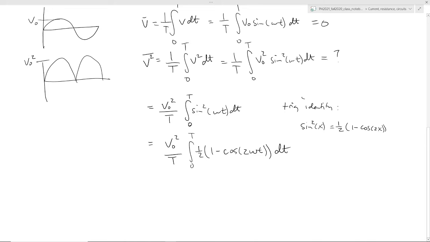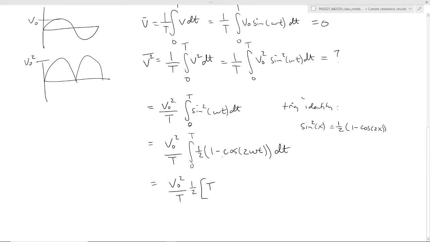So for this first thing, we just have 1. So this would end up being, let's pull the 1/2 out. So we would have the integral of 1 from 0 to t. So we'd pick up a factor of t.